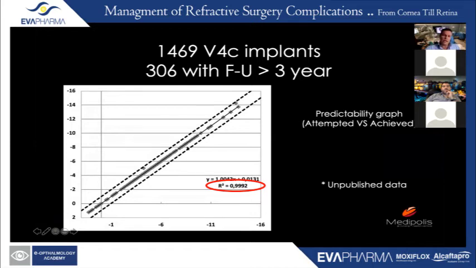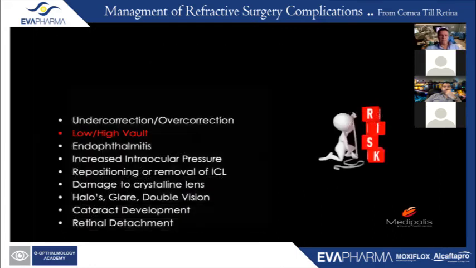All of the cases are within 1 diopter of the attempted refraction, and the calculated R squared is 0.999. One is ideal, of course, which in the real world is not possible, but we try to get as close as possible. And this is due to taking care of the cornea, getting the cornea in shape before ordering the ICL.